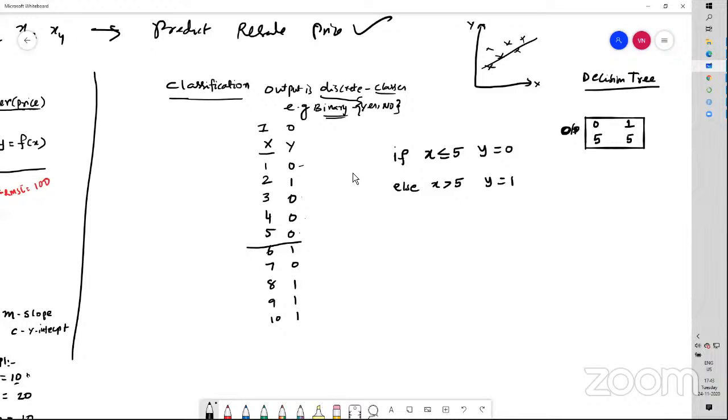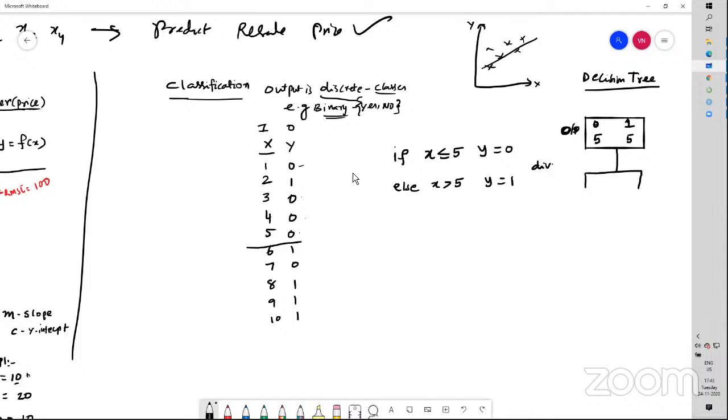Now we need to separate these observations, separate the observations that belong to 1 and separate the observations that belong to 0. That means we have to know when Y will take a value of 1, and when Y will take a value of 0. Now, the divide and partition generally happens like this.